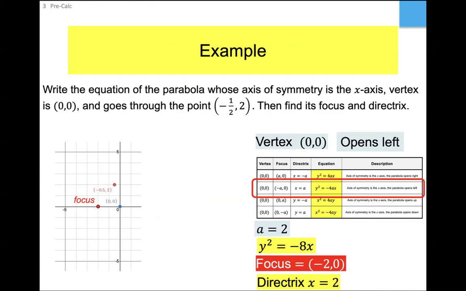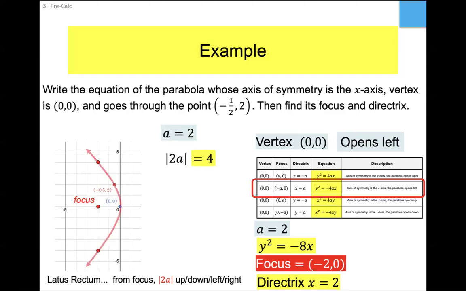So if I go up 2a from the focus, a is 2, 2a would be 4, right? If I go up 4 from that focus point, that would change the y values. And then if I go down 4 from the focus, I would wind up there, and well, there's your graph. So that makes it pretty easy to graph.